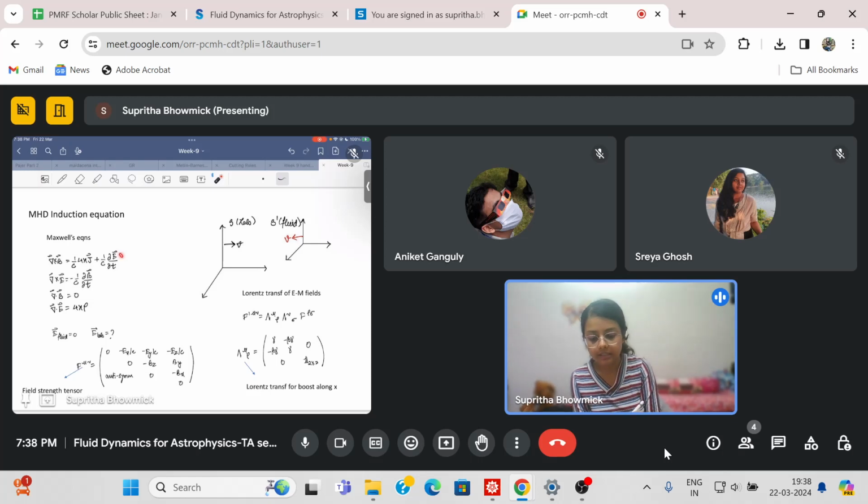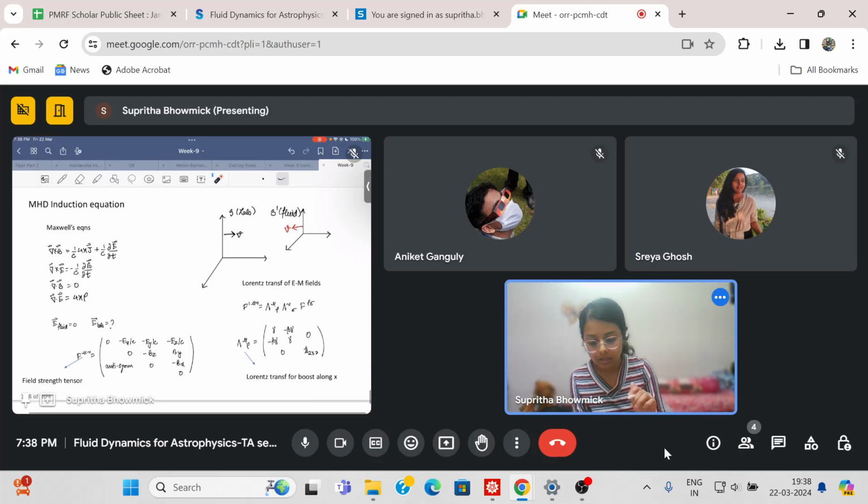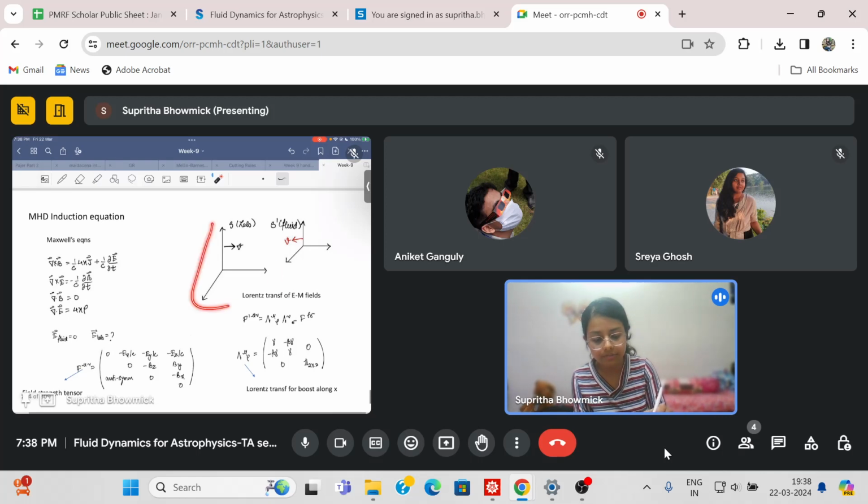These are dynamical equations. These are constraint equations. And we know that the fluid has zero electric field. We want to ask the question, what is the electric field in the lab frame? To do that, of course, there's a frame transformation involved. Why? Because let's say this is the frame of the lab, and the fluid moves with respect to the lab frame in this direction, denoted by this red arrow.